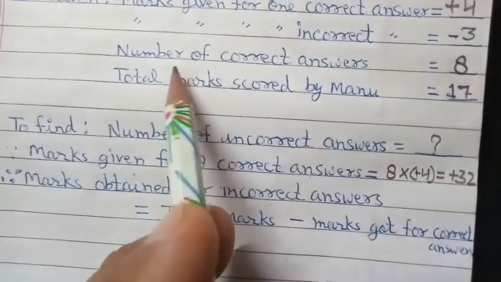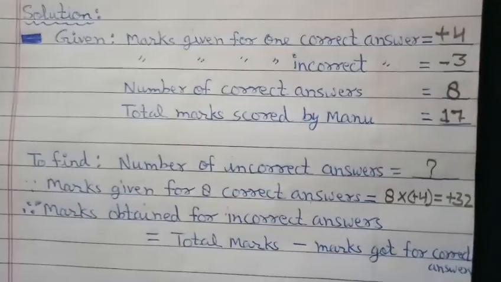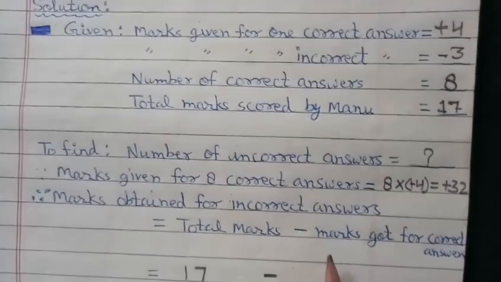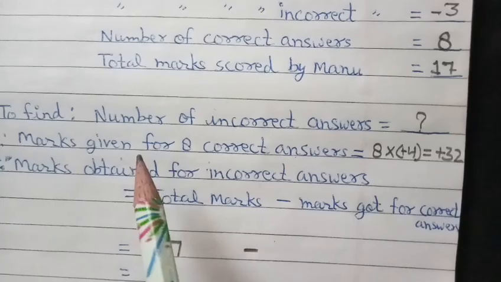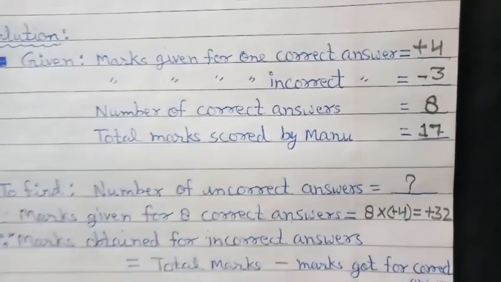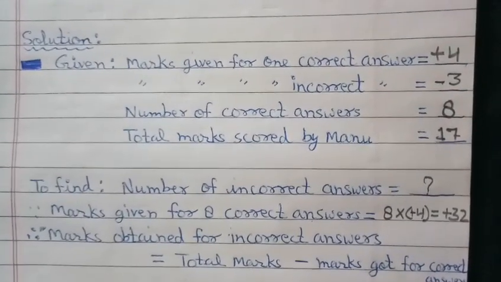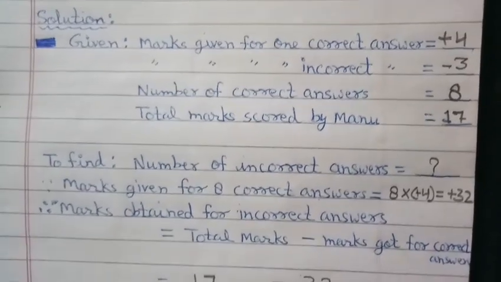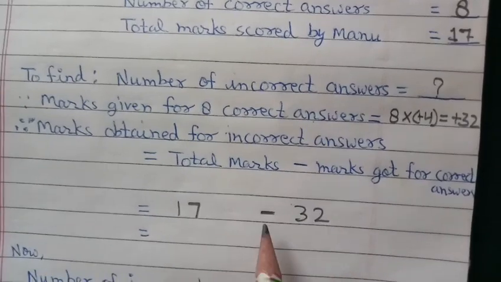Here total marks scored by Manu is 17, minus marks got for correct answers, that is 32. We know the operation of one positive and one negative integer: we subtract the smaller number from the larger number and put the sign of the greater number.